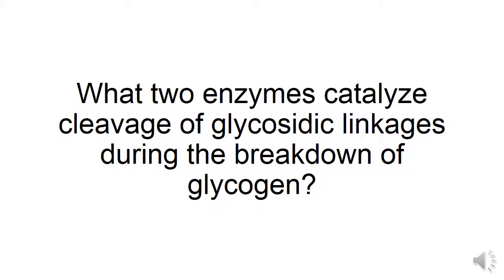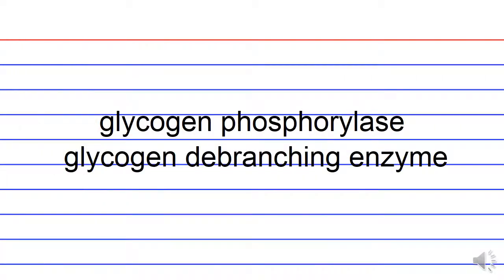So what are the 2 enzymes that catalyze the cleavage of glycosidic linkages during the breakdown of glycogen? That would be glycogen phosphorylase and glycogen debranching enzyme. So these are big words for some people, so phosphorylase.